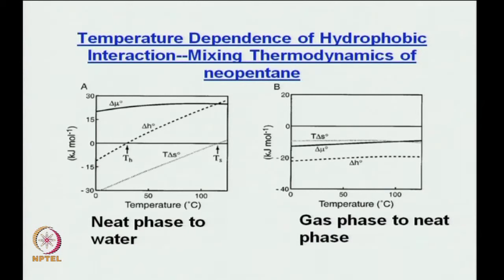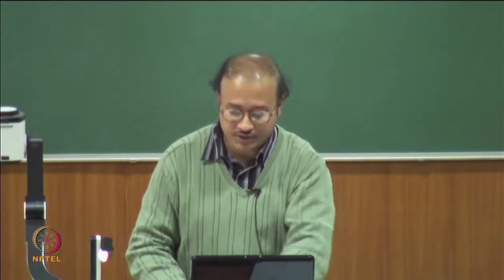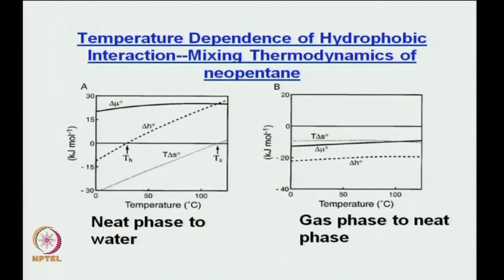It does not make sense to take a neopentane molecule out of neopentane and put it back in neopentane again. So, what it tells you is you take a neopentane molecule in the gas state, vapor state, and then put it in neopentane itself. That is why it says gas phase to neat phase. That means neopentane gas phase to neopentane liquid phase, and the other one was neopentane liquid to neopentane in water. Is it clear?